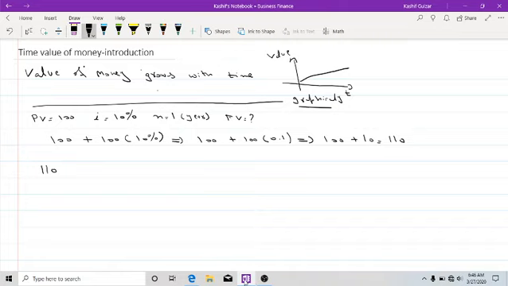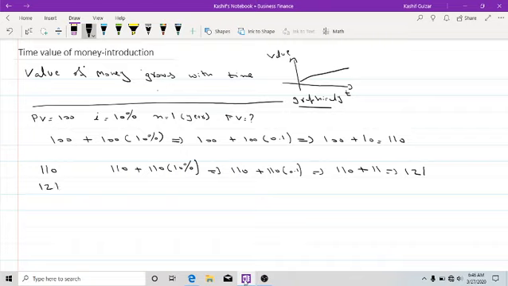Same logic applies for after 2 years. So it's 110 plus 110 into 10%, which implies 110 plus 11, which implies 121. Again, if I want to see what will happen in 3 years' time, I would have 121 dollars.